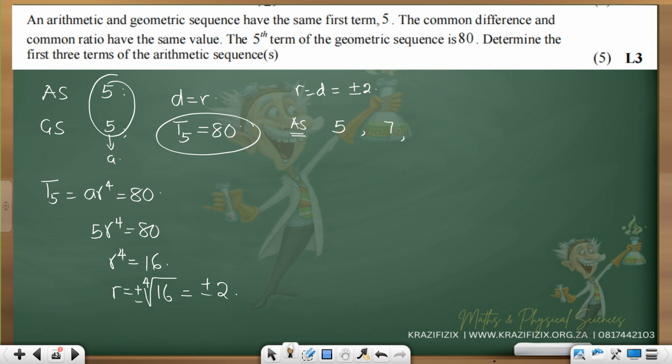If we use plus 2, the next ones will be 7 and 9. If we use minus 2, 5 minus 2 is 3, minus 2 is 1. So I think we have 2 options of answers, either that or that. Let me know if that makes sense.